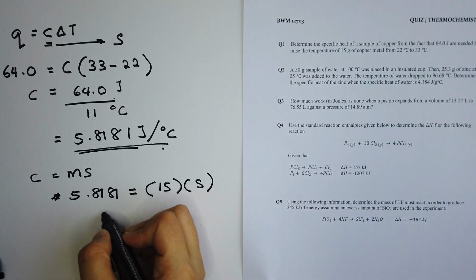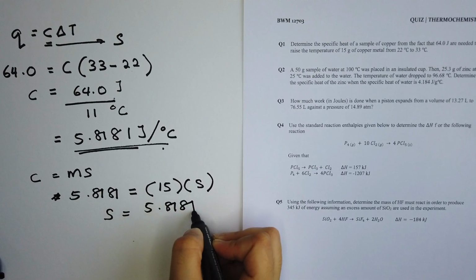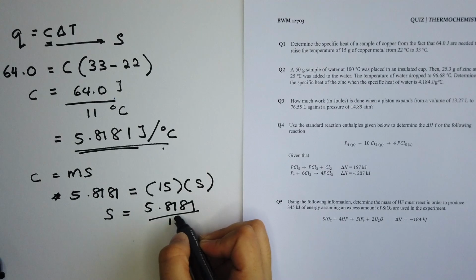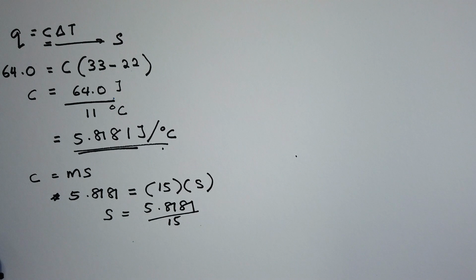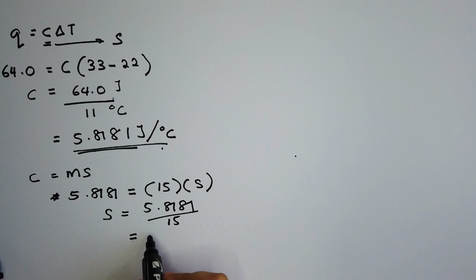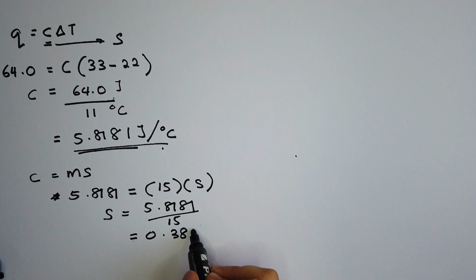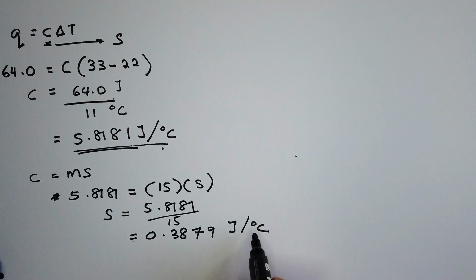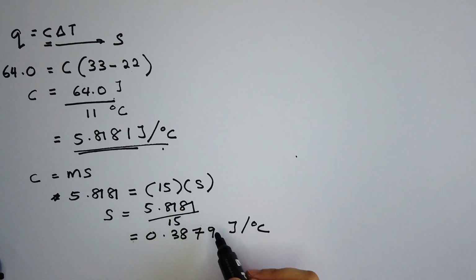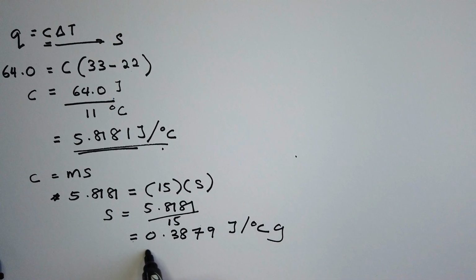Your S equals 5.8181 divided by 15. So the specific heat for this question is 0.379 joule per degree Celsius per gram.